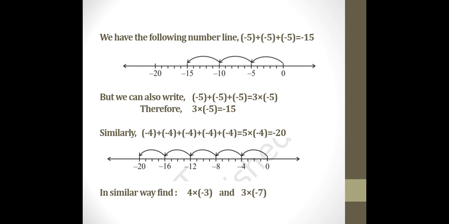After grouping up to minus 20, we can see that there are 5 groups. So that's why this is written as 5 into minus 4, which is equal to minus 20.